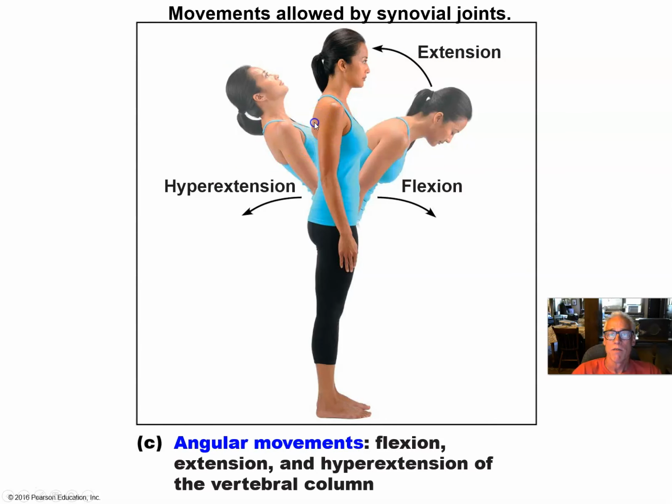The same can be said for the spine or the torso. We can flex the torso, moving anteriorly from anatomical position. We can extend the spine or torso, moving posteriorly toward anatomical position, and then moving beyond anatomical position to the posterior is hyperextension.